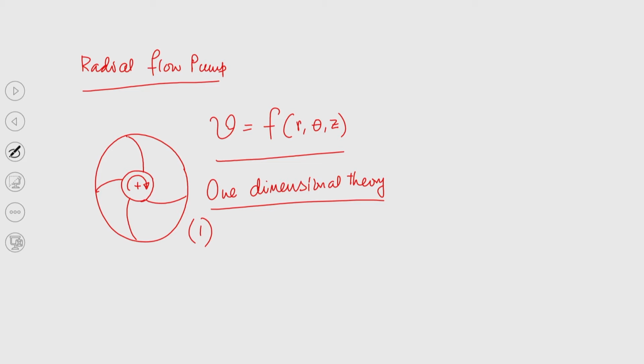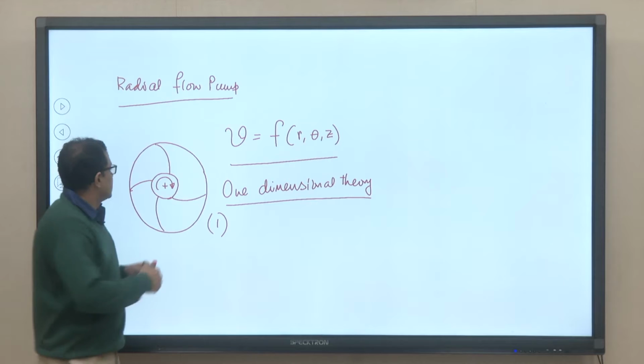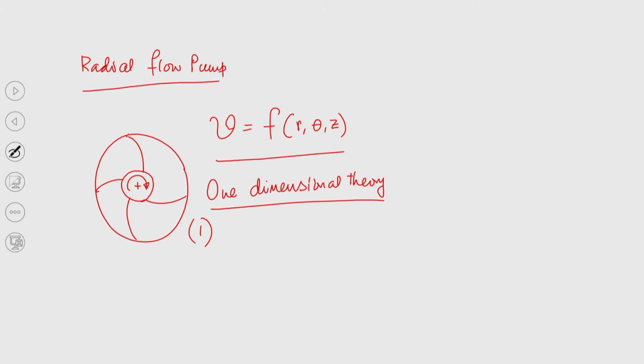There are many blades, I have drawn at least four different blades over here, but there will be a few. What is assumed? If we try to draw the three dimensional view of the pump impeller, it is like this.